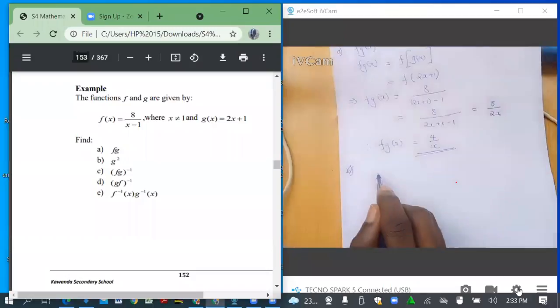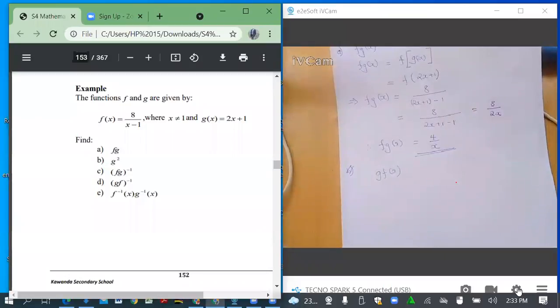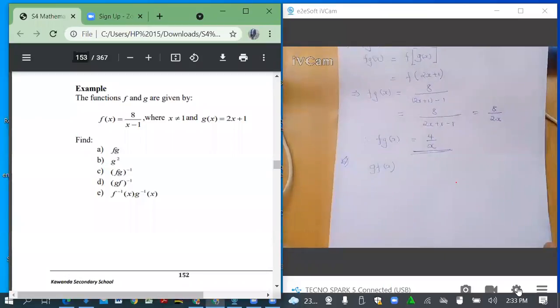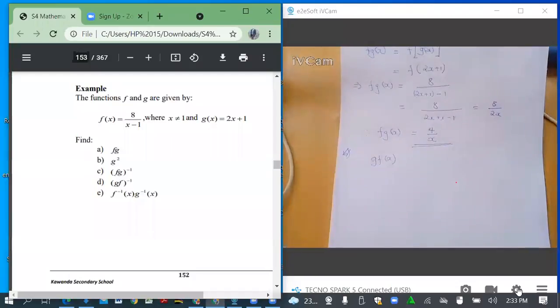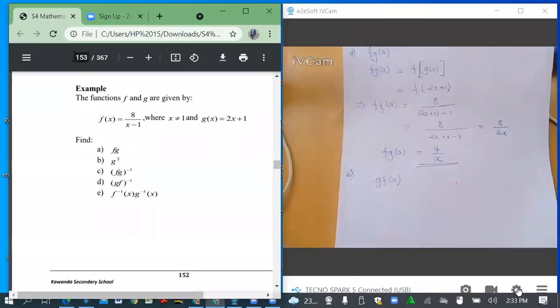Let's find gf of x first before we proceed, so that we understand better. So what will be our first step?